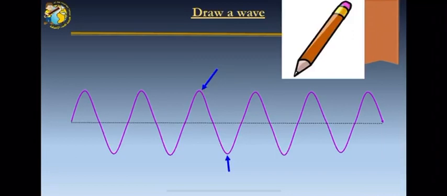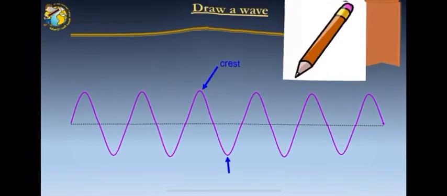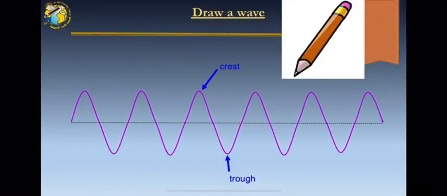Like this. Now, this is how we draw a wave when we learn in science. The top part of the wave is called the crest and the bottom part of the wave is called the trough. So all waves, whether mechanical or electromagnetic, have a crest and a trough.